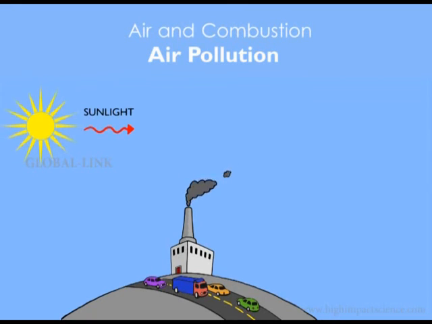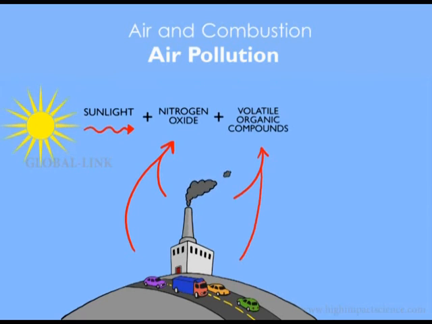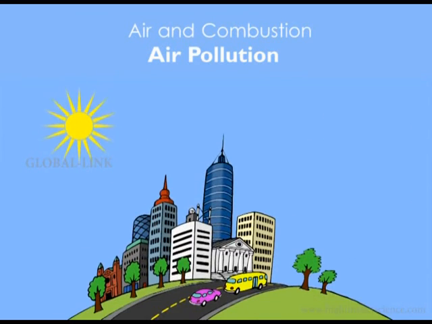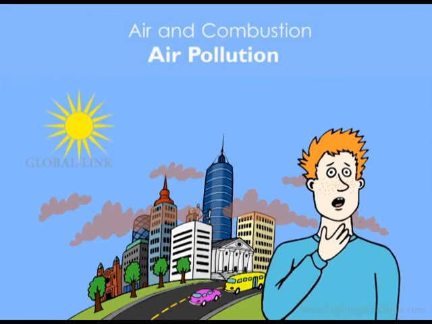The reaction between nitrogen oxide and volatile organic compounds leads to formation of a photochemical smog and ground ozone. This is seen mostly in summer and can appear as an orange-brown haze over the city. This smog and ground ozone causes breathing problems, can trigger asthma attacks, and lead to lung diseases.